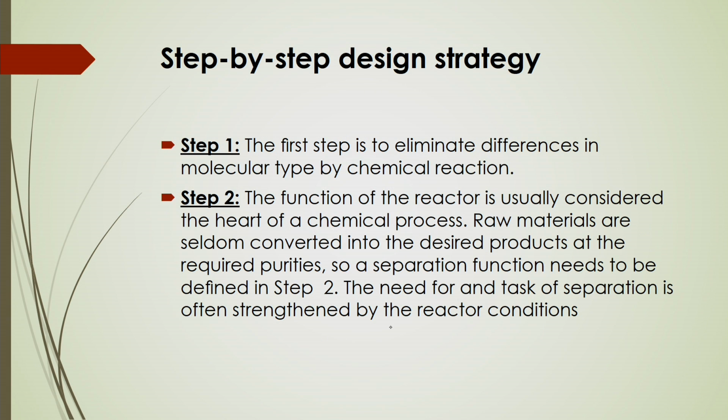As a first step, you have to eliminate the differences in the molecular type by chemical reaction. Now, what will be the reactant and what type of reactant should be used, what type of catalyst should be used, what will be the solvent, what will be the characteristics of the solvent, if you are using catalyst, what will be the size of the catalyst, what will be the distribution of the catalyst particles, everything should be considered.